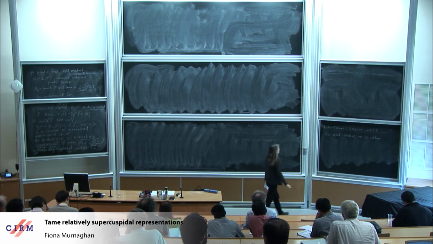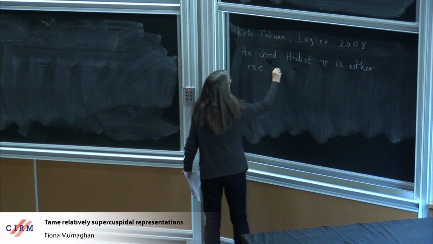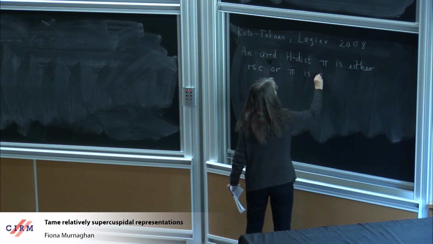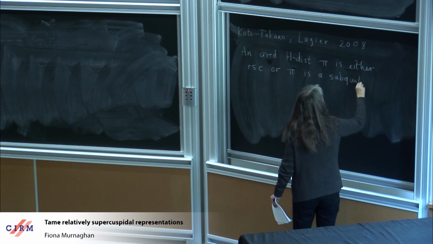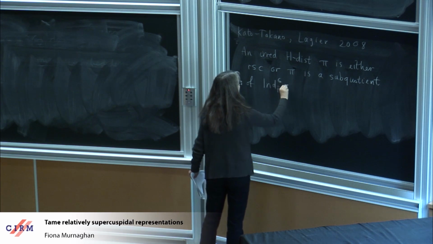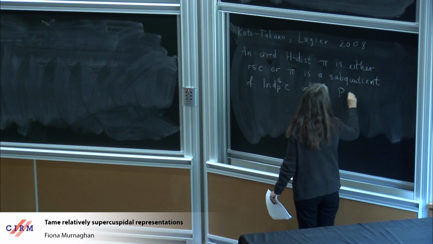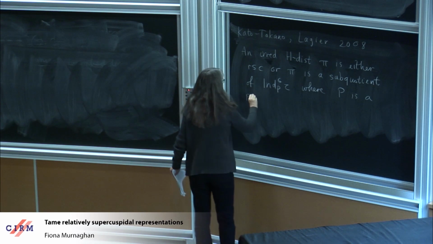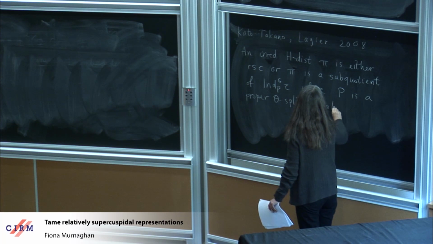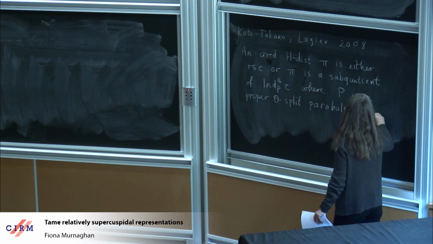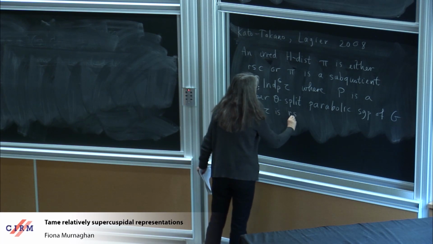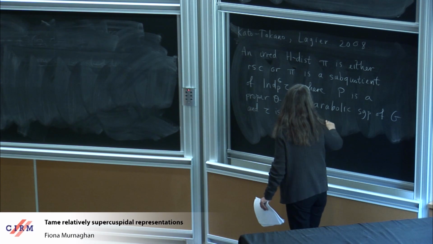Okay, so it's either already relatively supercuspidal, or it can be obtained as a subquotient of something induced, where P is a proper theta-split parabolic subgroup and the inducing representation is a relatively supercuspidal representation of a Levi subgroup.